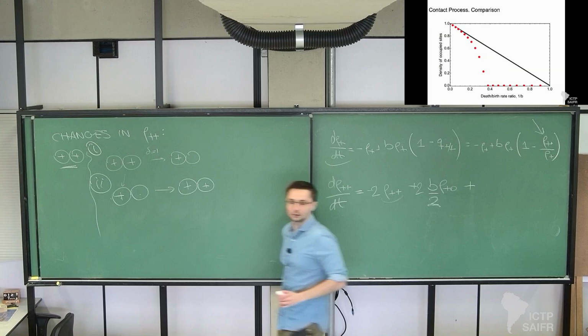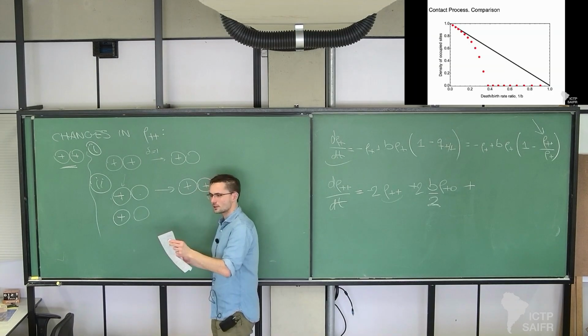Maybe there are two zeros with neighbors that reproduce. Yes. So let me... there are two zeros? Yeah, two empty and another plus.